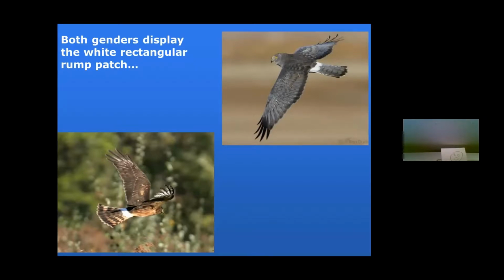And of course, the way the harrier looks. The shape is distinctive with those long wings and long tail. So you get the white rump patch with the long wings and the long tail, even gliding way overhead with sort of languid flapping, flap, flap, flap. You got yourself a northern harrier.